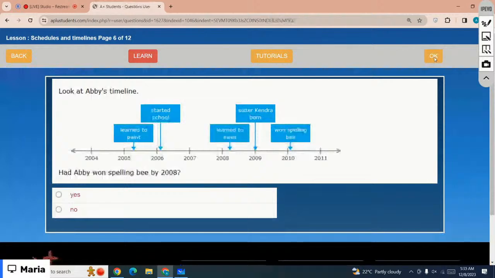Very good. Look at AB's timeline. Had AB won the spelling bee by 2008? Which is the correct option? Yes or no?